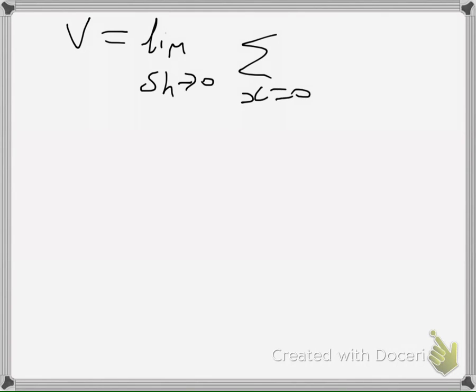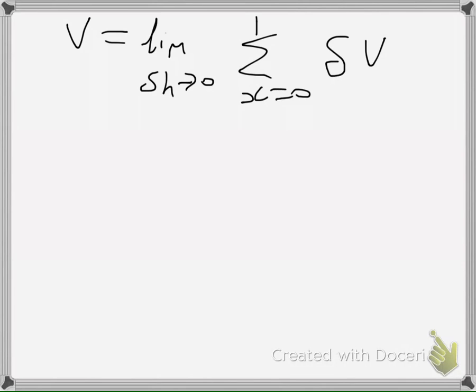So that thing that we were talking about, the volume, is then the same as the limit as those delta h's approach 0, because then the slices become so thin that my volume is essentially a smooth object, of the sum between the limits of x. So for my example it's 0 and 1, but for other examples it would be different, times my delta volumes. Right?